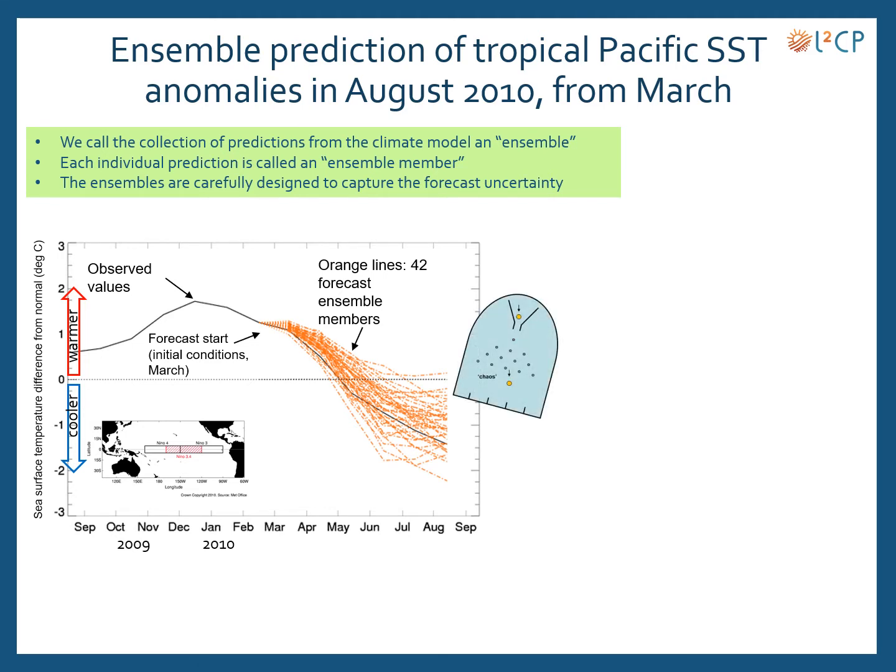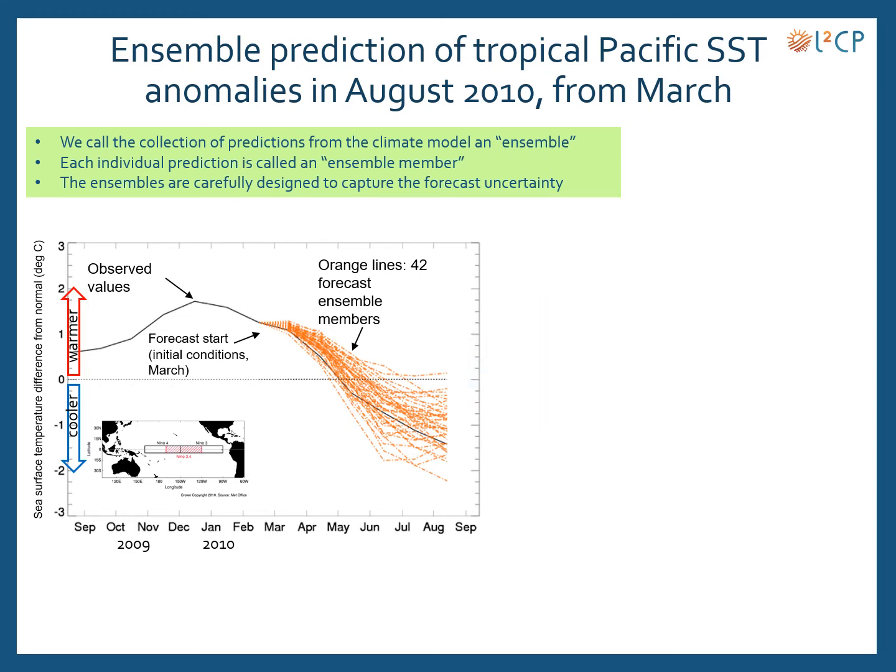I think you'll agree this looks rather similar in principle to the ball spreading out at the bottom of the pin table in the cartoon example, and the processes at work, sensitivity to initial conditions, are similar. Of course, in this real case, uncertainties from model imperfections are also present.